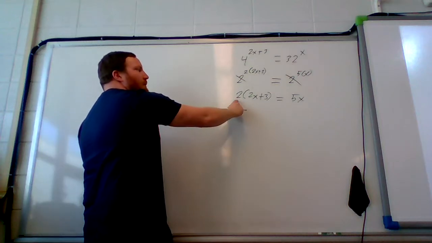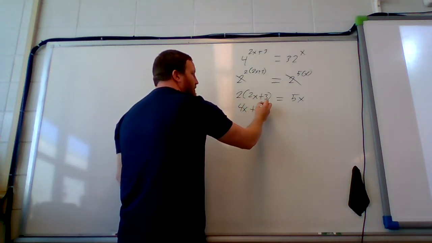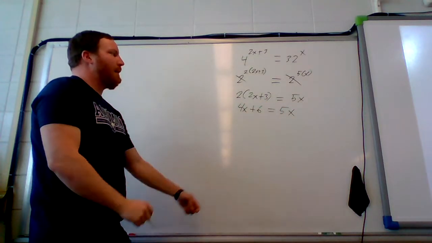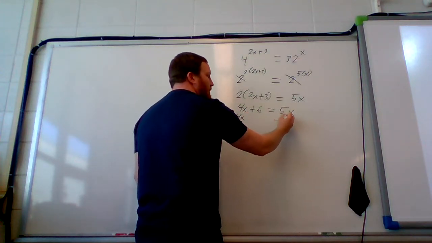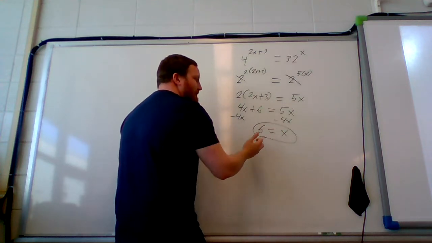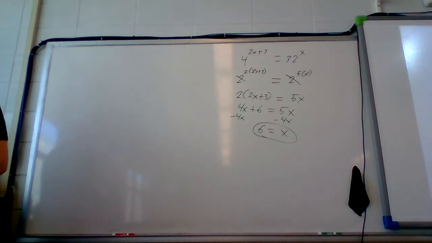We can then distribute our 2 as well. That gets us 4x plus 6 equals 5x. Then we want to solve for x, so I'm going to subtract 4x over. And we're going to get 6 equals x. That's how we solve using one of our methods, the common base.